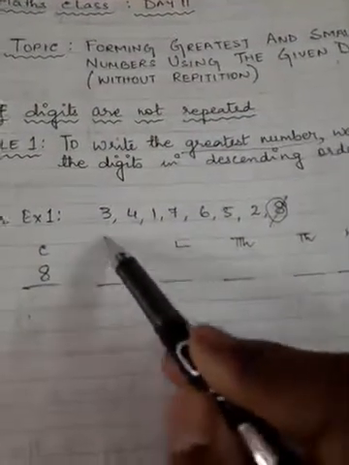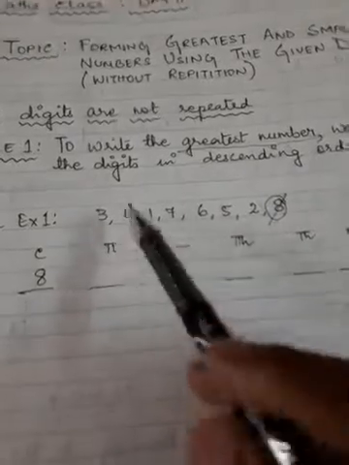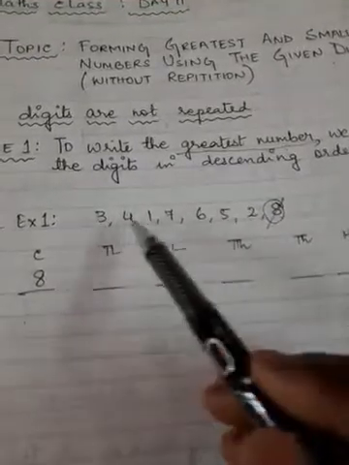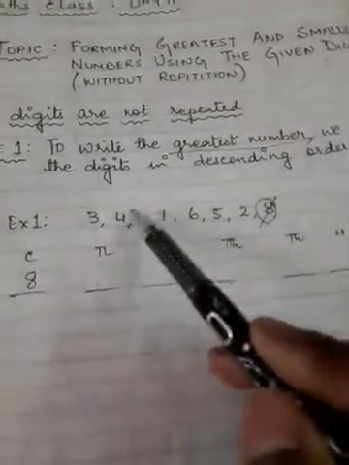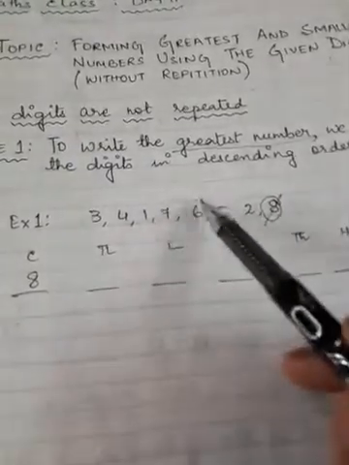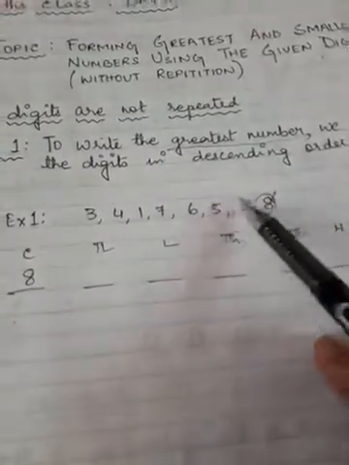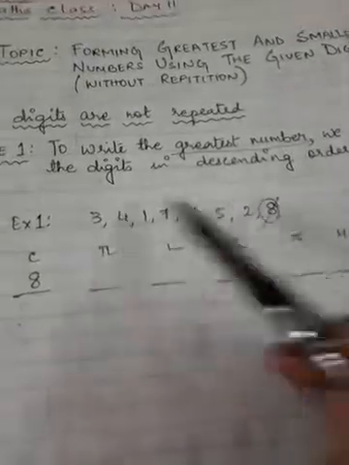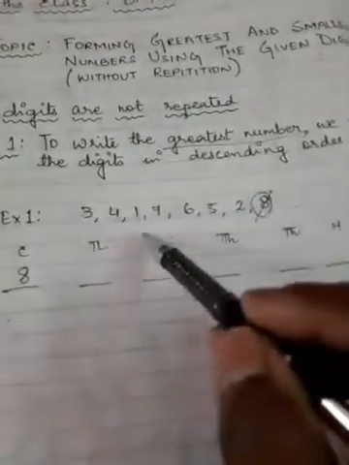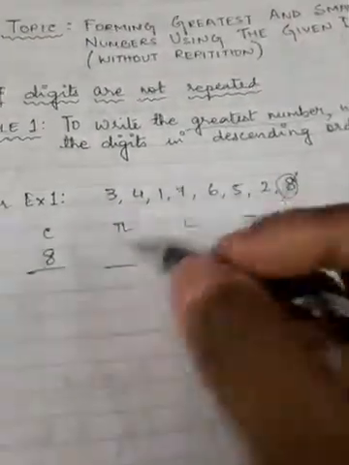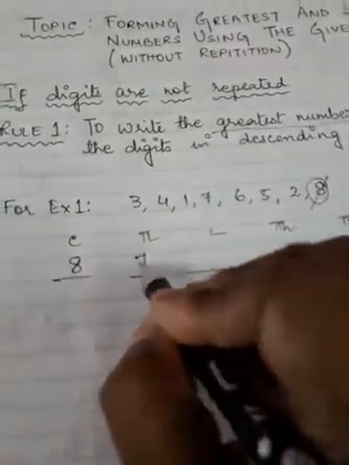Clear? Now this is which place? This is the 10 lakhs place. So 30 lakh is bigger, 40 lakh, 10 lakh, 70 lakh, 60 lakh, 50 lakh, 20 lakh. Which one is bigger? Of course 70 lakh is bigger. So I'll write 7 here.